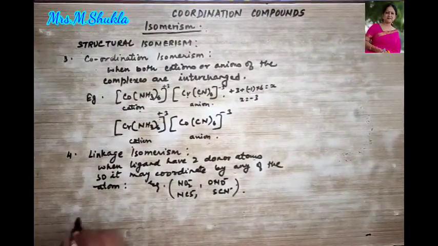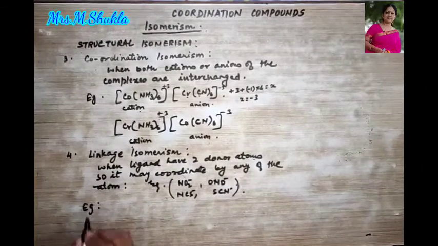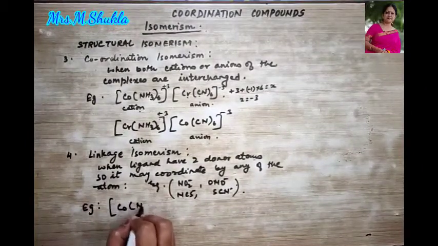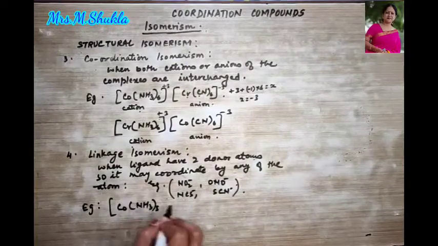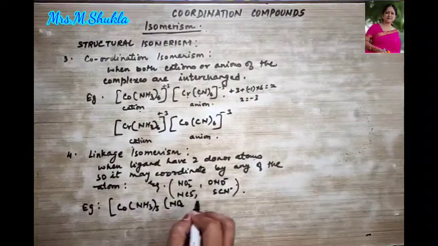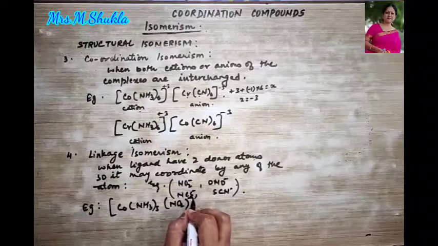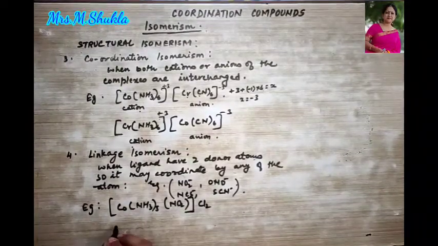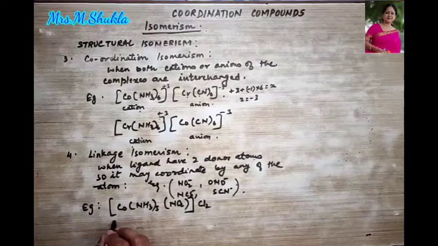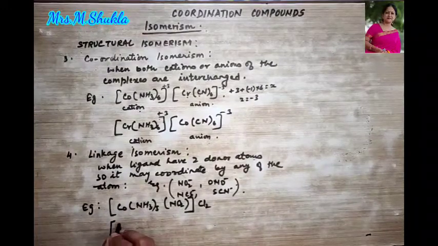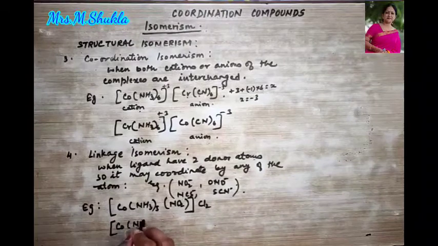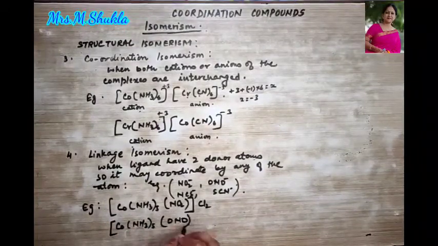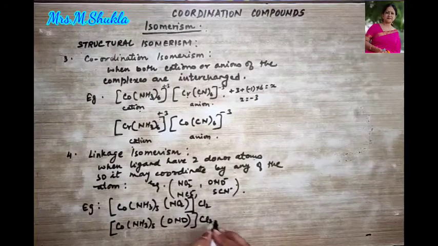Okay, so let's take an example like Co(NH3)5(NO2)Cl2. This could be one, and another one could be, let me write it down over here only, cobalt (NH3)5(ONO)Cl2.